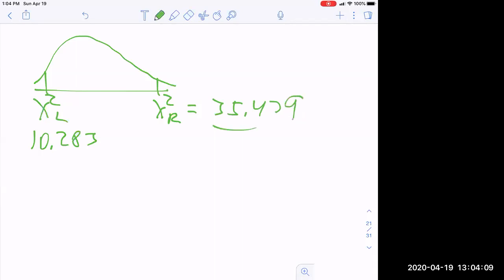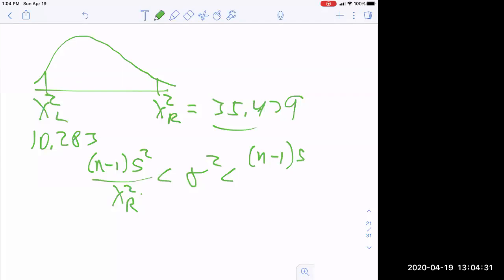Notice this one's the bigger one. Now, when we go to build this, because we're doing n-1 times s squared over chi-squared, this one goes on the right because that is the larger number, which makes this a smaller fraction. And you put chi-squared left over here because it makes a larger fraction for a smaller number.